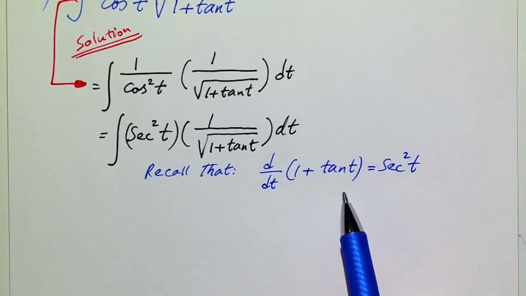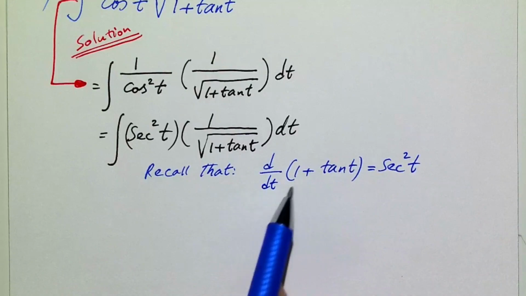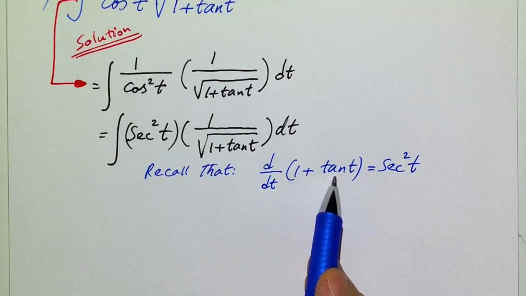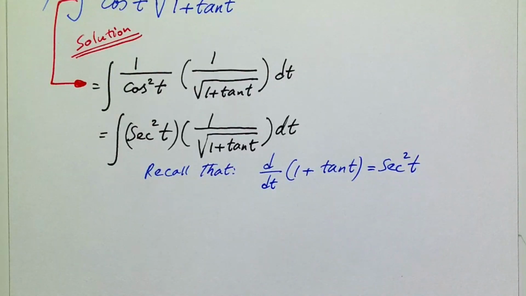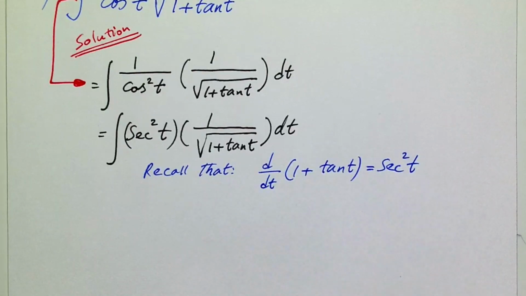You take the derivative of this, and 1 drops out, right? The derivative of 1 is just 0. The derivative of tangent t is secant squared t, dt. Okay, and dt is here. You can multiply both sides by dt, and you get the dt on the other side.